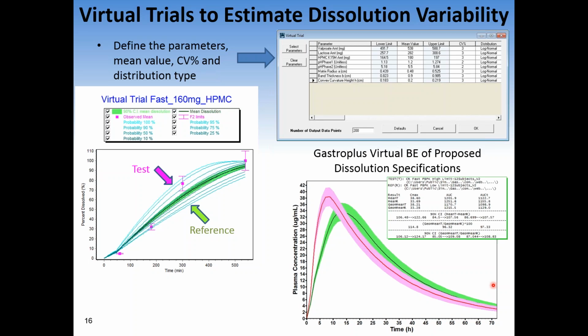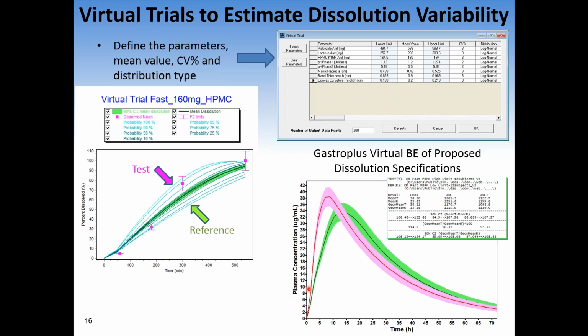This is, I think, 25 virtual trials, and it's showing the probability contours of those simulated dissolution experiments. From that, you can get sort of the range you might expect from your in vitro dissolution. And since you have an IVIVC that will directly translate this into the in vivo dissolution rate and plasma concentration, you can test whether or not the high and low ranges are bioequivalent.